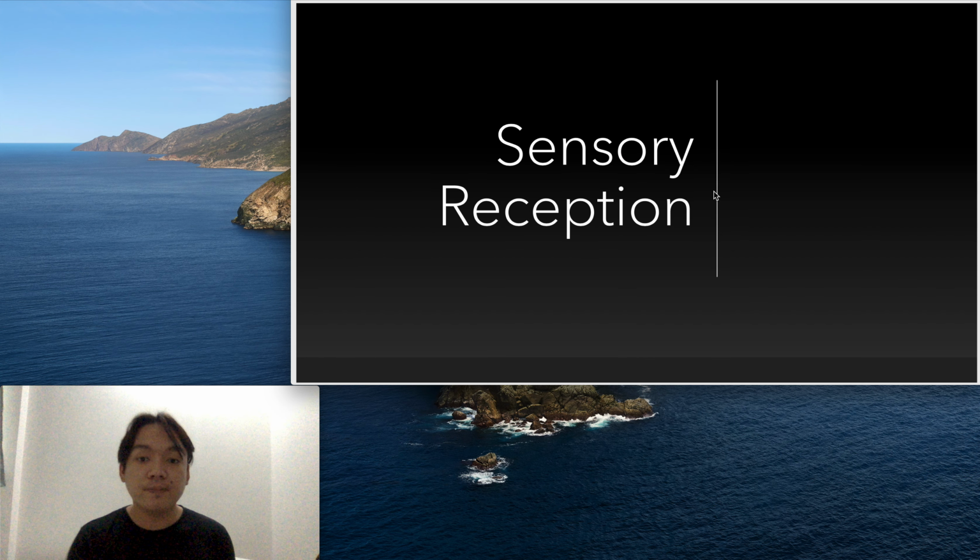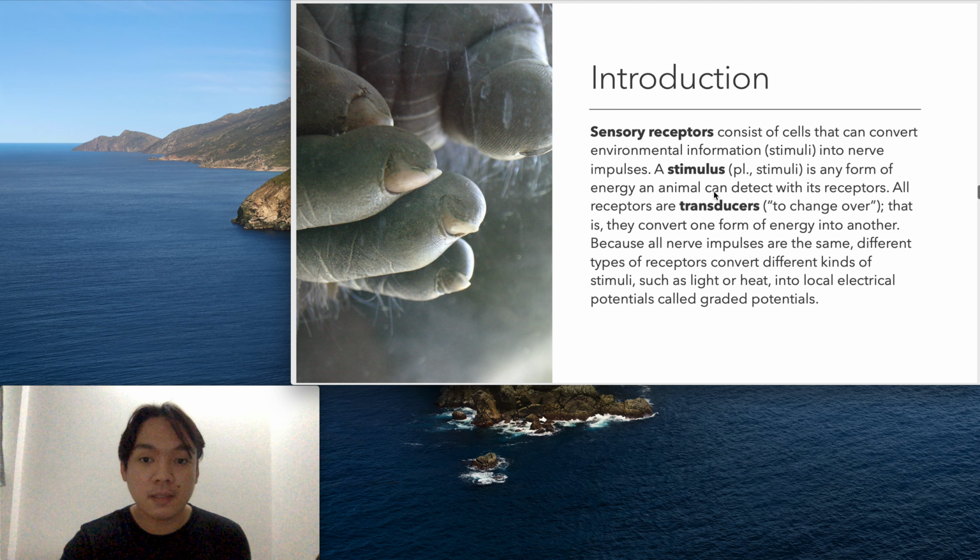Okay. So what are sensory receptors? Sensory receptors are cells that can convert environmental information into a nerve impulse. A stimulus is an energy or form of energy that an animal can detect using its receptors, and all of the receptors are transducers.